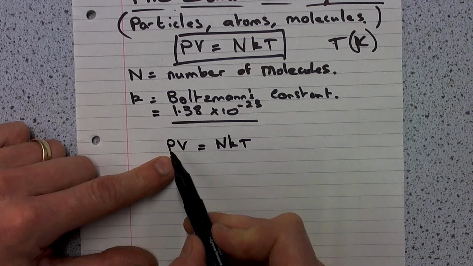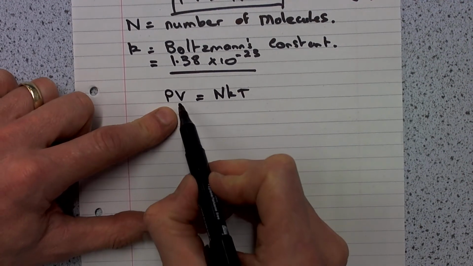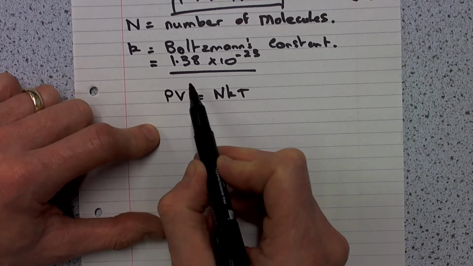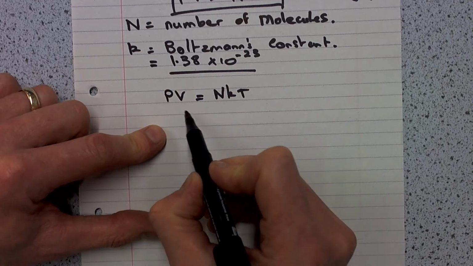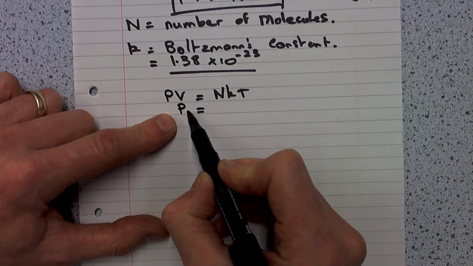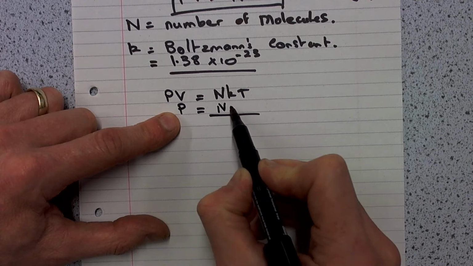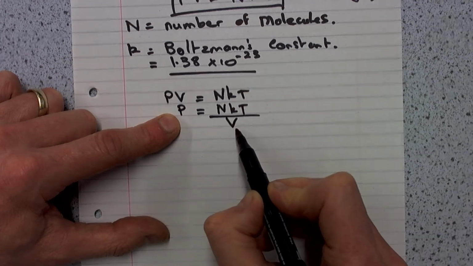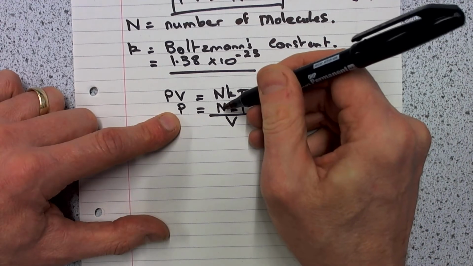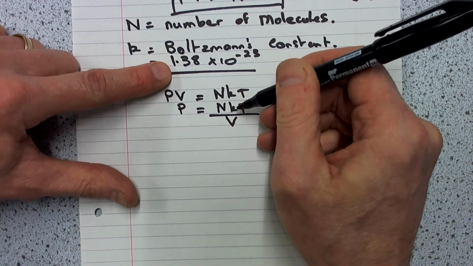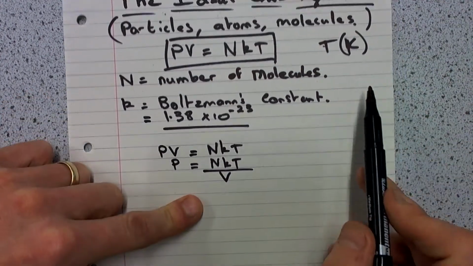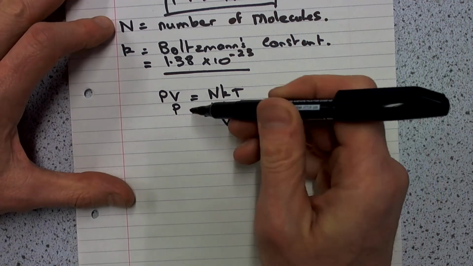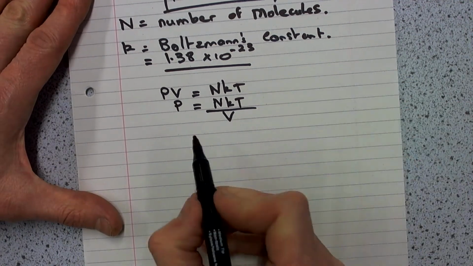We want to make pressure the subject, so we're going to divide both sides by V. Those two multiply together, so to get rid of it we divide by V, so it cancels on this side, leaving just P. But if I've divided this side by V, I have to divide this side by V as well. So it becomes N times K times T divided by V. You simply multiply the number of molecules by Boltzmann's constant times the temperature in Kelvin, and then divide by the volume in meters cubed, and that tells you the pressure in pascals.